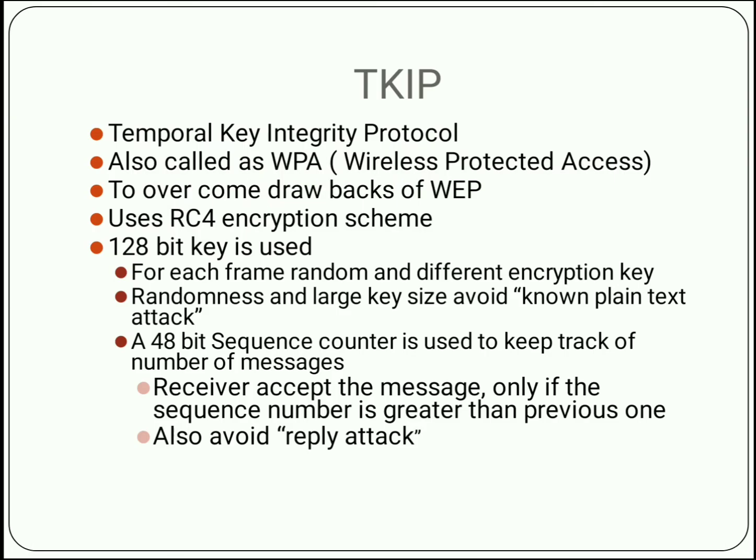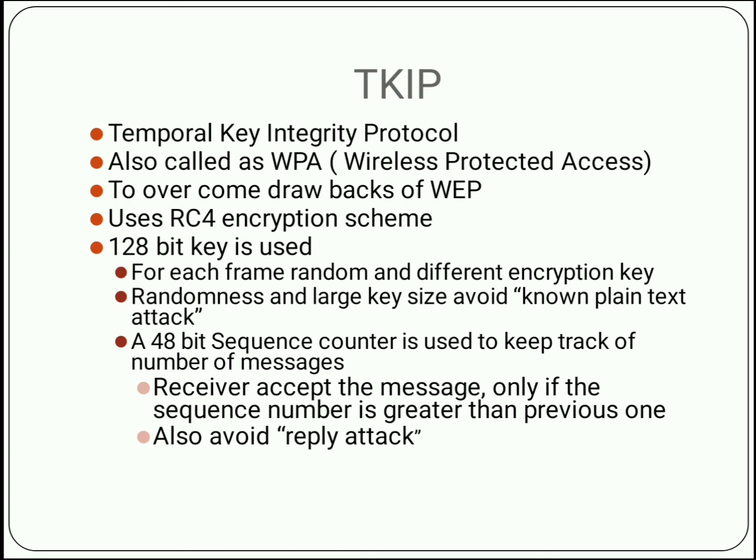The first method is TKIP, the temporal key integrity protocol, and the second method is WPA2, which is the CCMP method. First we are going to discuss WPA, wireless protected access. It is the refined version of WEP, after WEP became a failure.